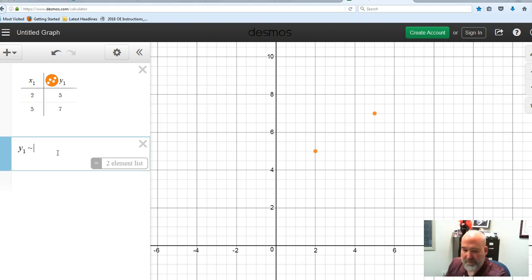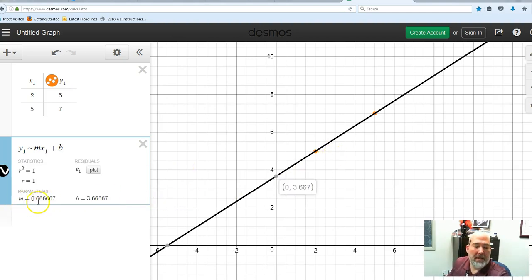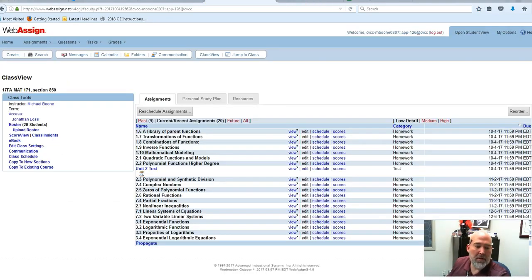Or I could have Desmos do it for me. And I get, here's my slope, which would be 2/3, and my y-intercept would be 3 2/3. So make sure that you are able to create a line of best fit, least squares regression, as we call it.